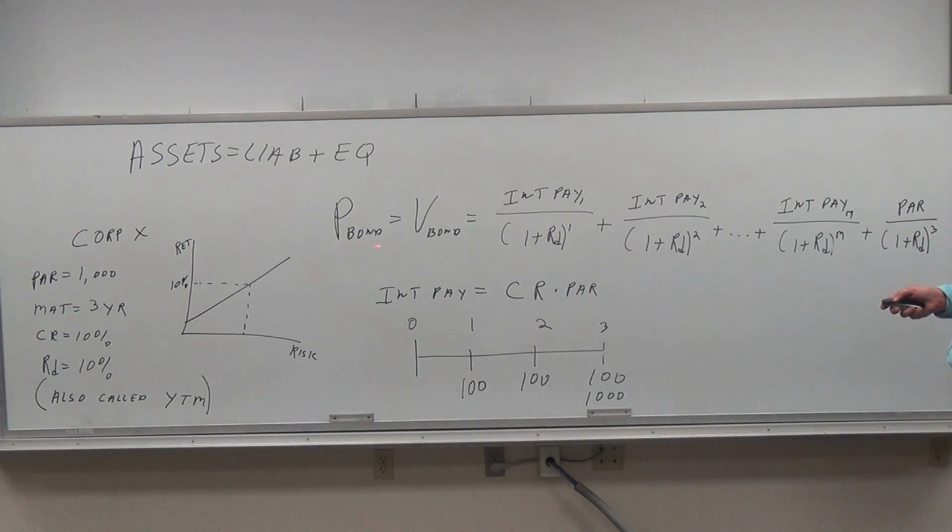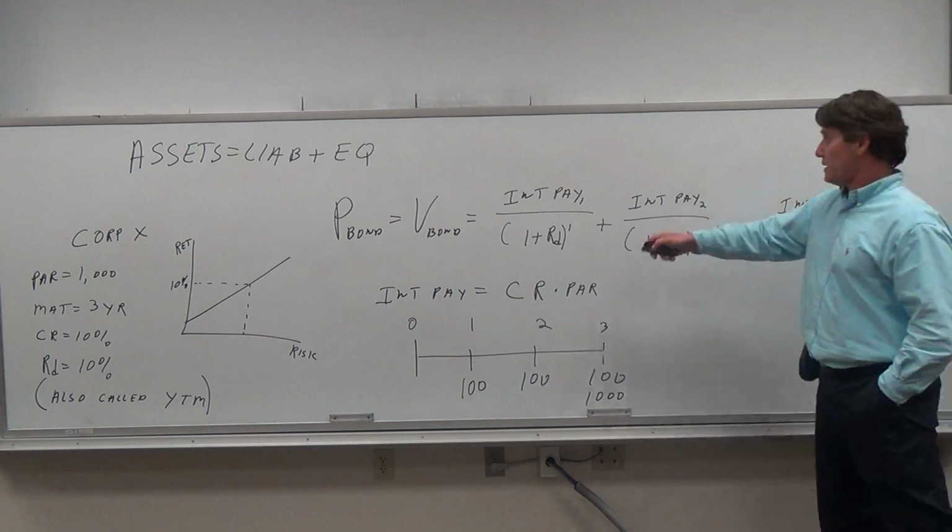Well, as we discussed before, the price of any financial asset is the present value of expected future cash flows. For the bond, it's going to be interest payments, all discounted back, plus par value discounted back. The interest payments are going to be equal to the coupon rate times the par value. So the coupon payment or interest payment is the coupon rate, this is what the bond is paying, times the par value.